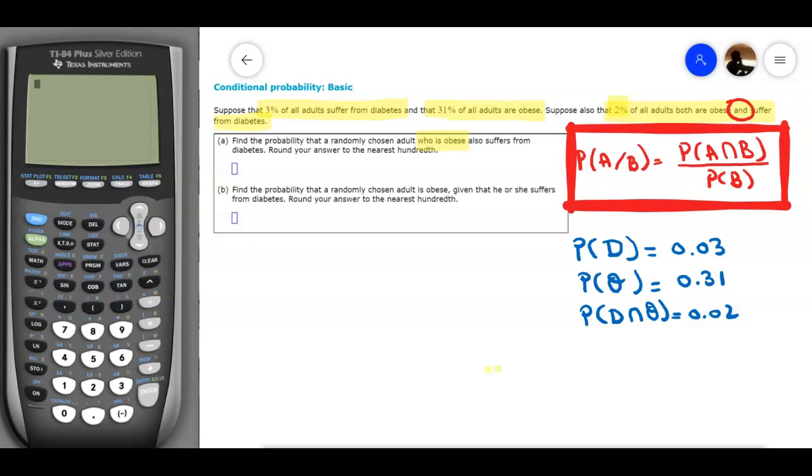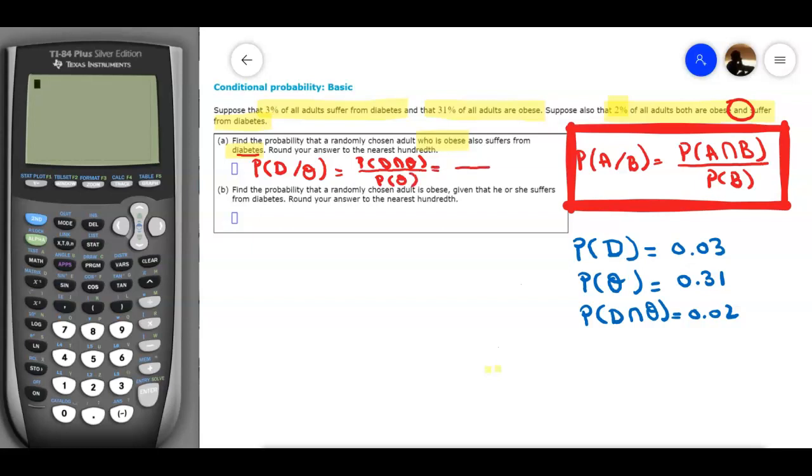How can I interpret this? Simply, it is the probability of D given O. So the obese is going to be on the bottom, and we are looking for the probability of having diabetes, so it is the probability of D given O. As we apply the formula, it is the probability of D and O divided by the probability of O, obese.